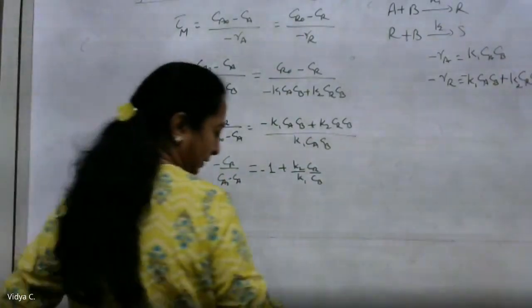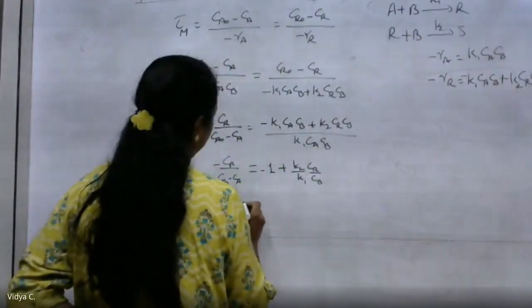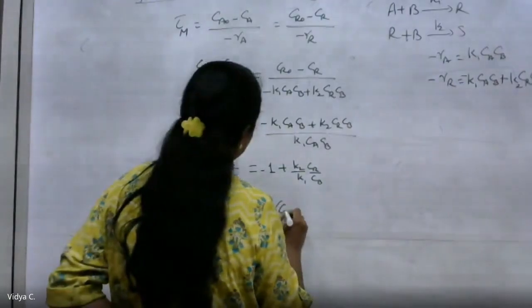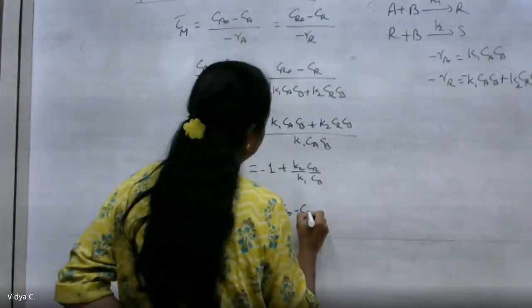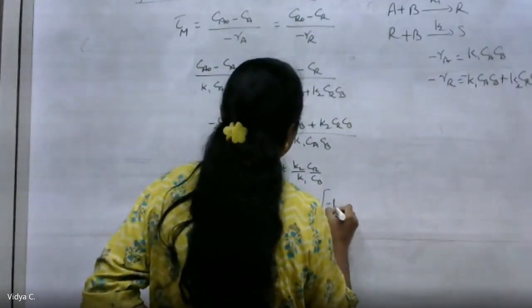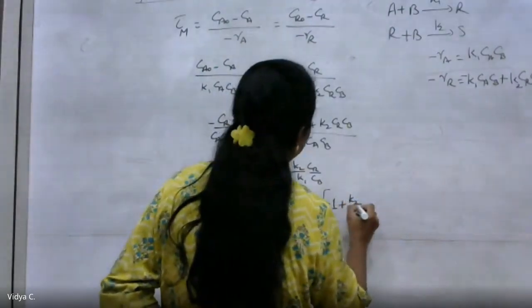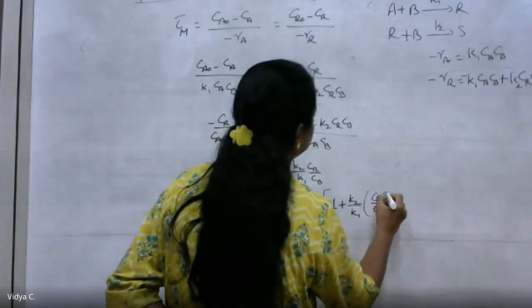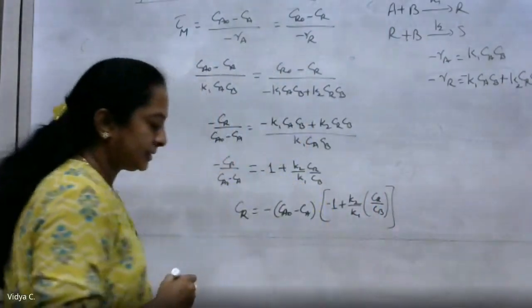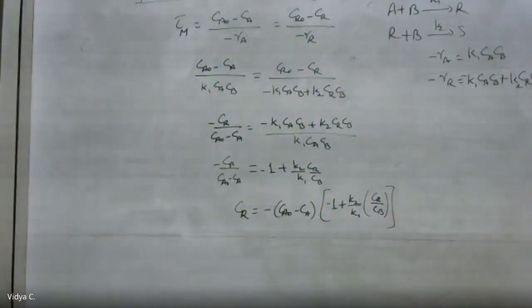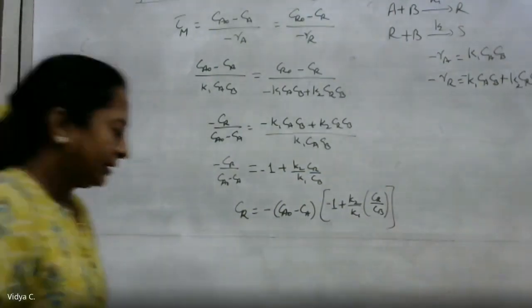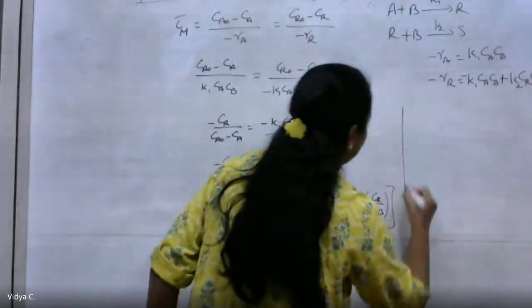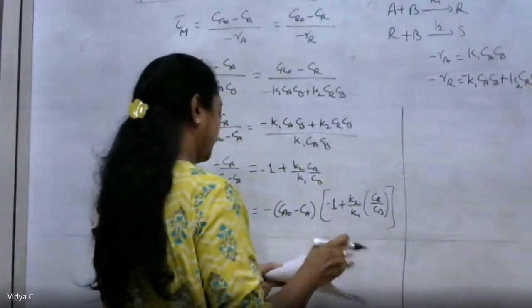Okay, or you can write this as CR is equal to minus of CA naught minus CA into minus 1 plus K2 by K1 into CR by CB. Okay, so you can write this. And the final expression, I'll write the final expression so you derive that. It is simple.